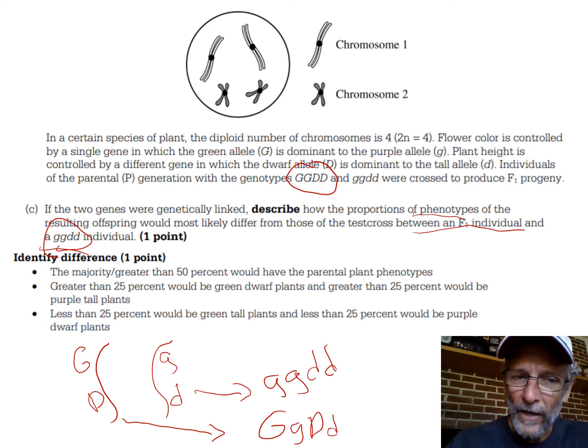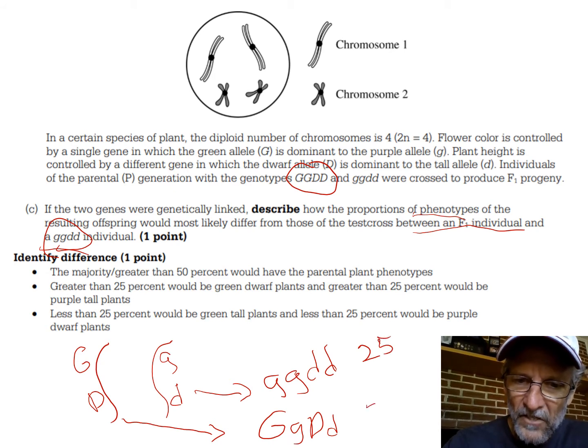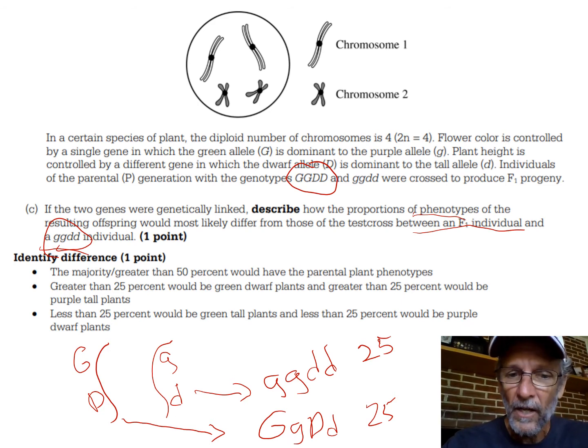Remember, in the parents where the genes were unlinked, you'd expect 25% of these, 25% of these, and then 25% of those other kinds, which you wouldn't get here unless crossing over happened, which it's going to. But really, you didn't have to add that into the equation here.